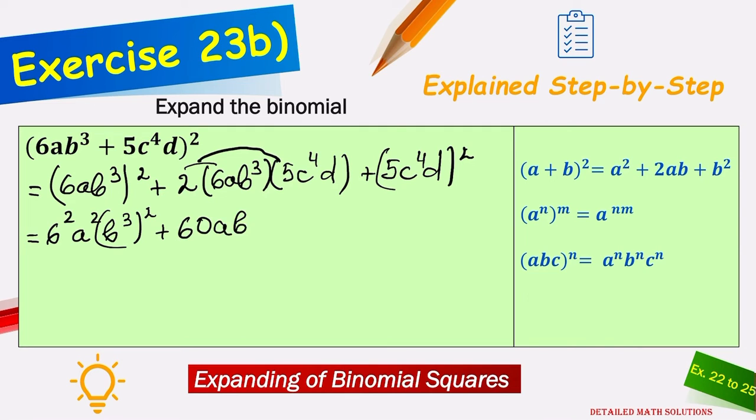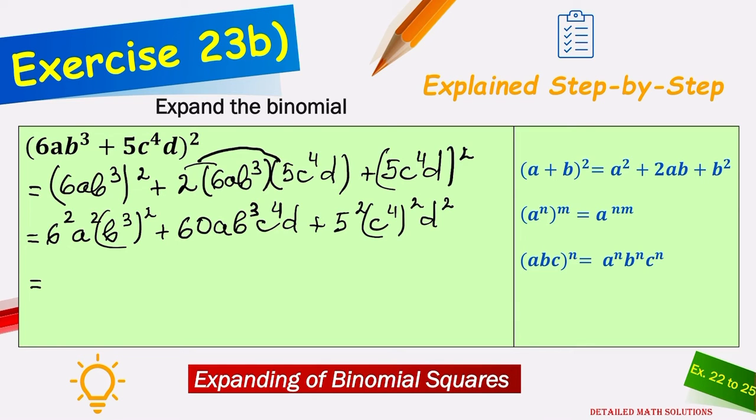A, b cubed, c to the fourth, d are the remaining factors of this term, plus 5 squared, c to the fourth power squared, d squared.